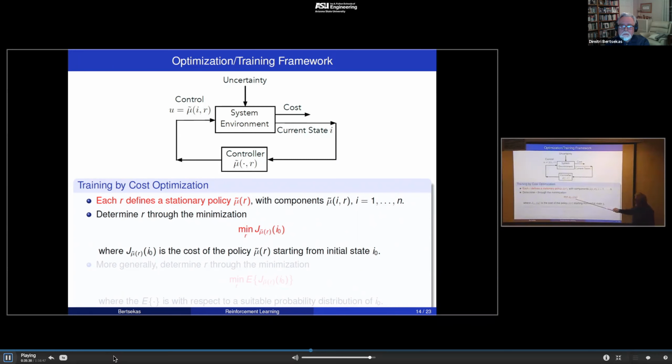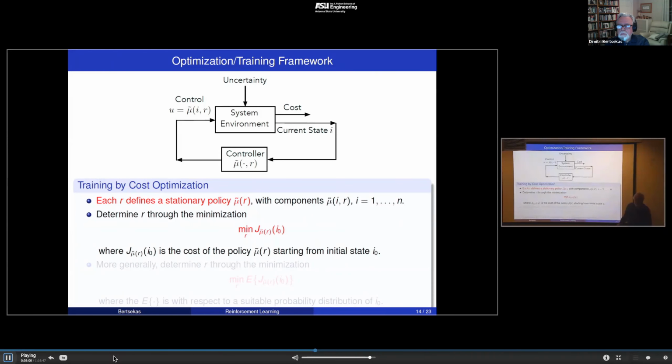This is the cost of policy mu tilde r, starting from a selected initial state i_0. So this is a function of r, the parameter vector, and we can try to find the optimal parameter vector. Of course, there's a limitation here: the initial state is fixed.